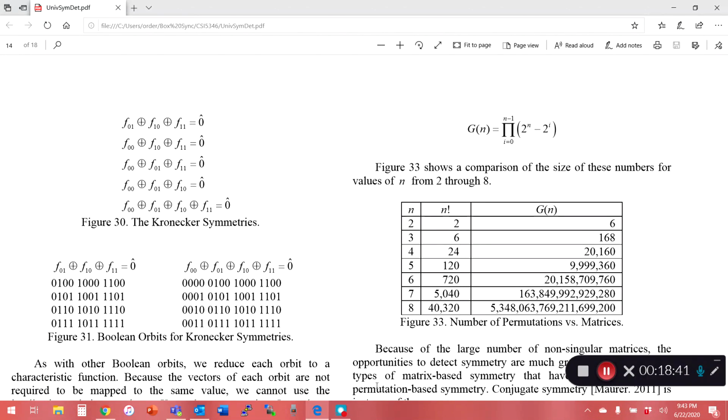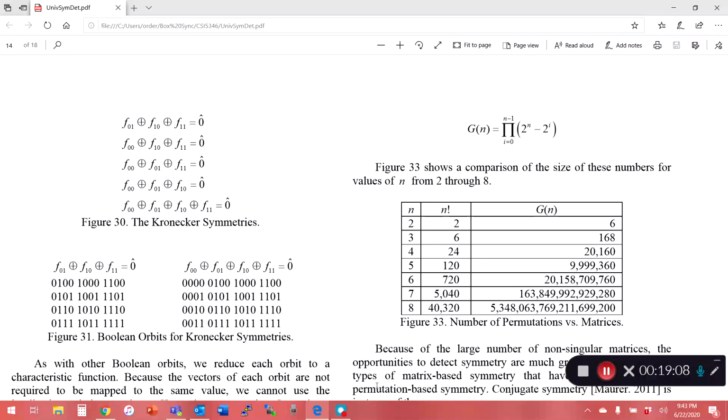And here, in figure 33, is a list of the number of permutations for n going from 2 through 8, and the number of matrices for n going from 2 through 8.